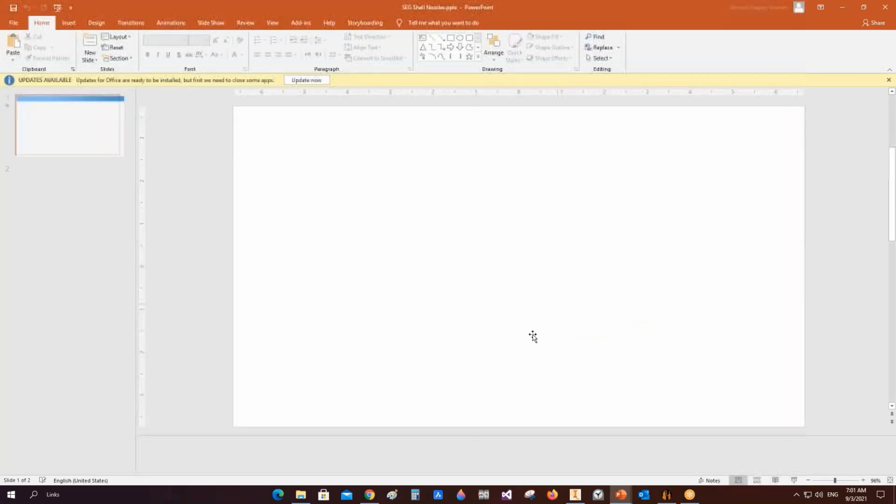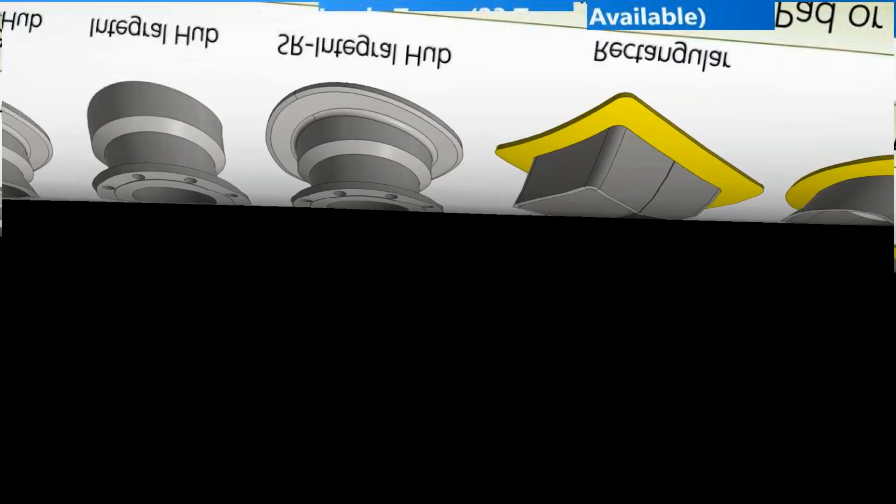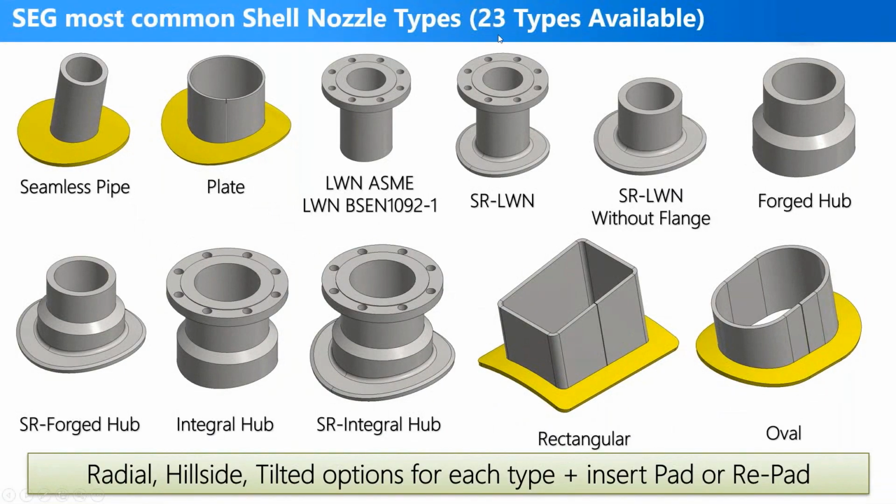And let's take a look at the nozzles. In SEG, the shell nozzles include around 23 types of nozzles.